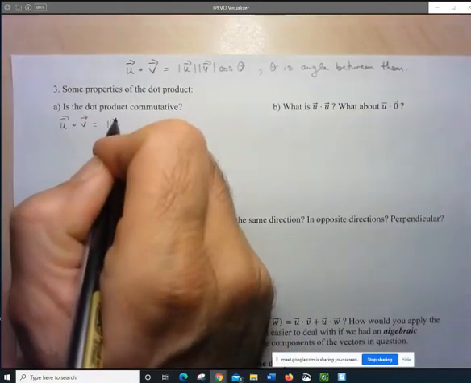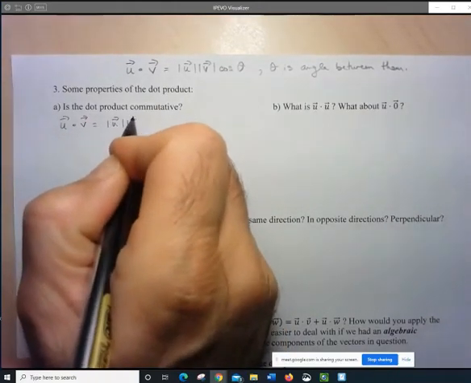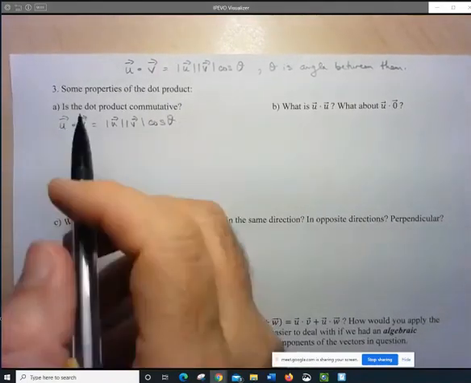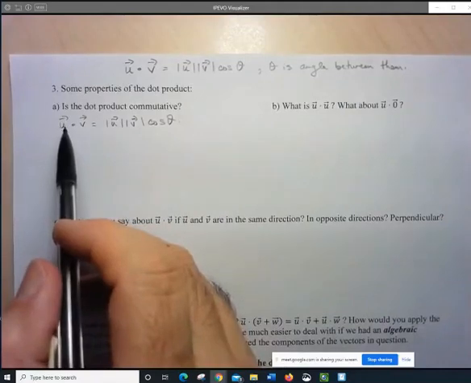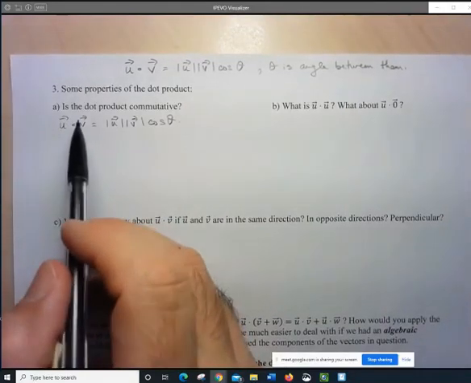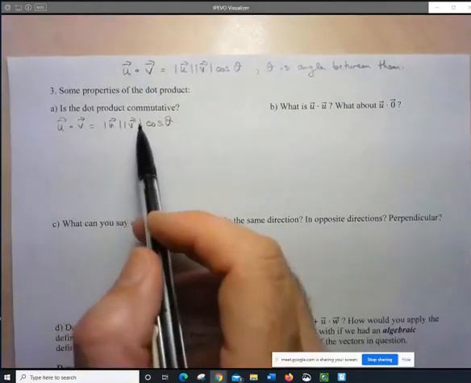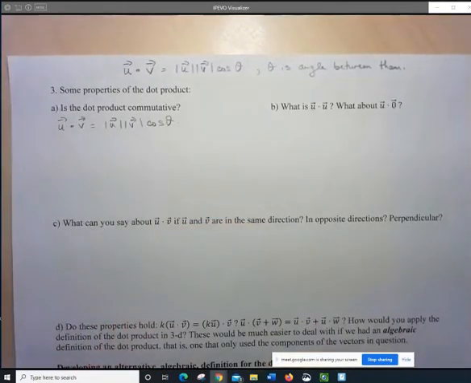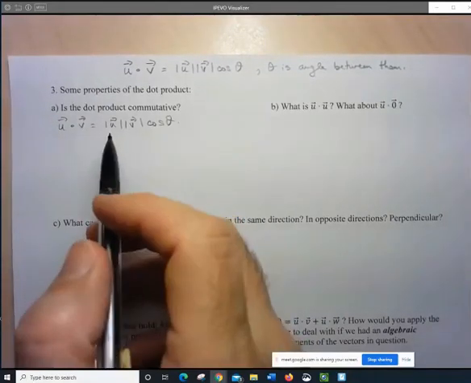So let me just start with the definition. Remember that once you take the dot product of two vectors, you've turned it into a product of just real numbers. What property do real numbers have that would be useful here?